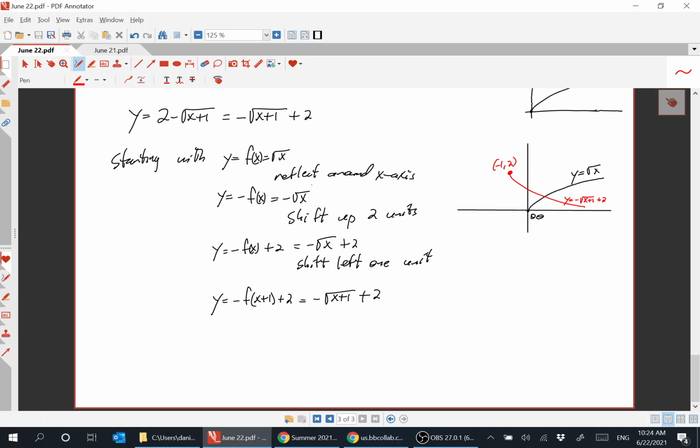Let's see, any other interesting problems here? By the way, so far in this section, we have looked at a few more graphs of functions and sort of made them standard in our minds.